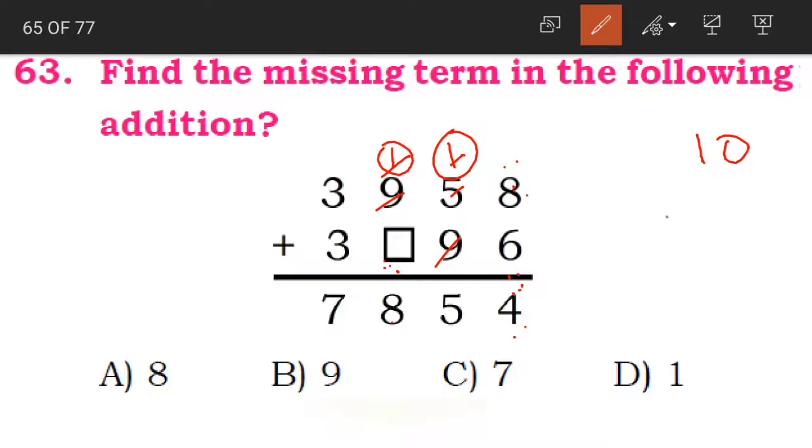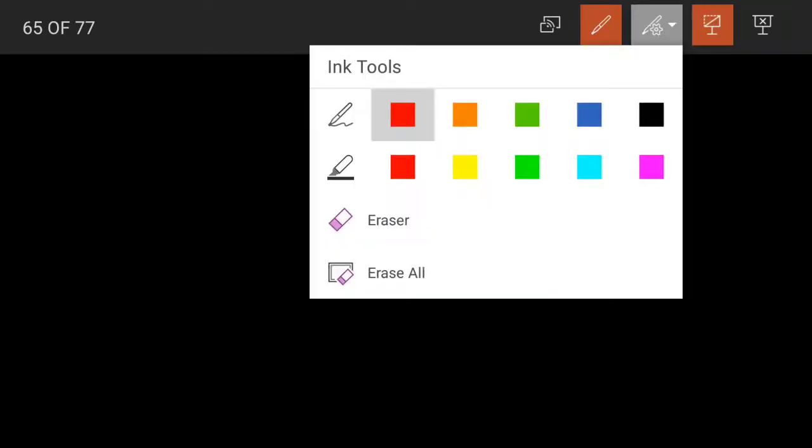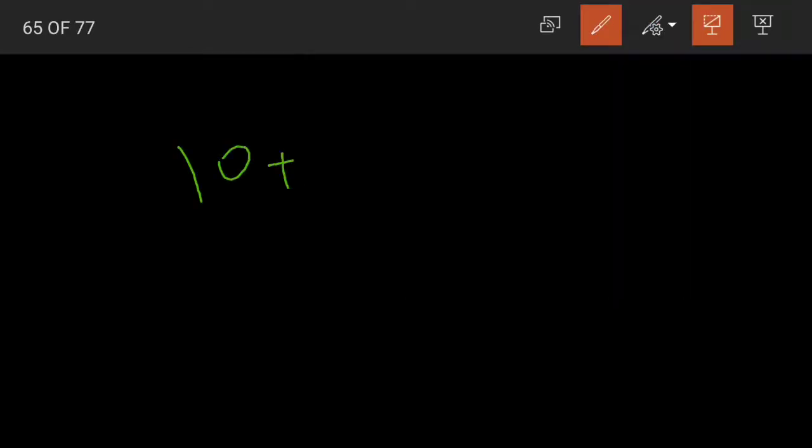Now what should be added to this 10 to get 8? Yes, see, 10 plus something is equal to 8. Now whatever we add to 10, the sum will be greater than 10. Yes children, but here 8 is less than 10. So what do we assume? We assume that it is 18 and not 8.